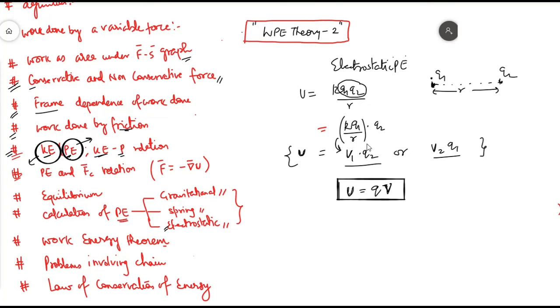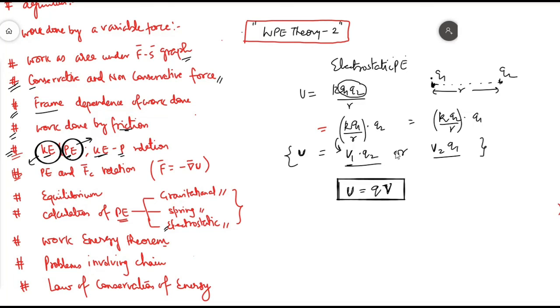Okay, so this U can be written as this thing into q2, and this whole thing k q1 by r is defined as the potential due to charge q1. So this is V1, potential due to charge 1, into q2, or I can write this whole thing as k q2 by r into q1. So this is going to be V2 into q1.